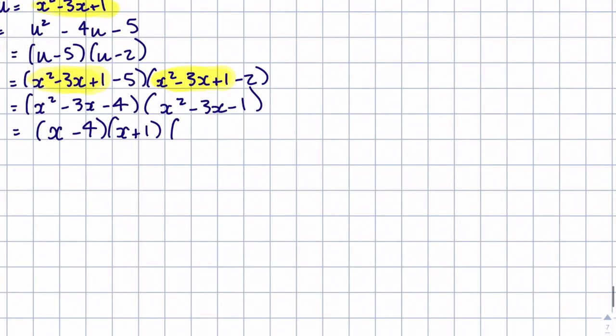This one on the right, let me quadratic formula this one. So I've got x squared take 3x take 1. X equals minus negative 3 plus minus the square root. So if I can't figure out how to factorise it in my head, I'll always go to the quadratic formula.